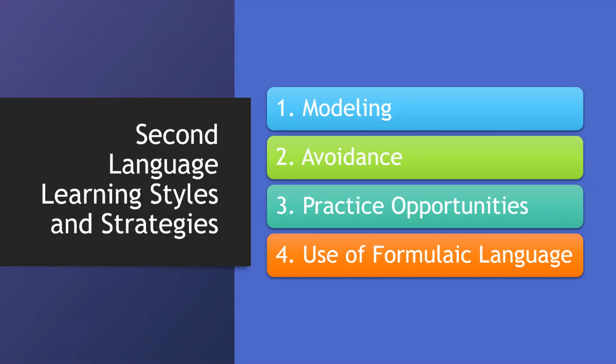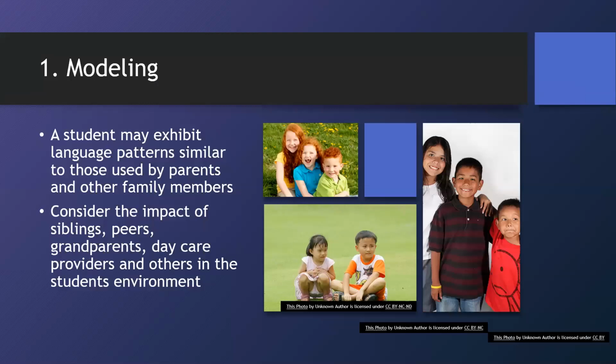So the first learning style we're going to talk about is called modeling. One of the folks I've had an opportunity to get to know grew up in Georgia and learned to speak Spanish in Georgia.